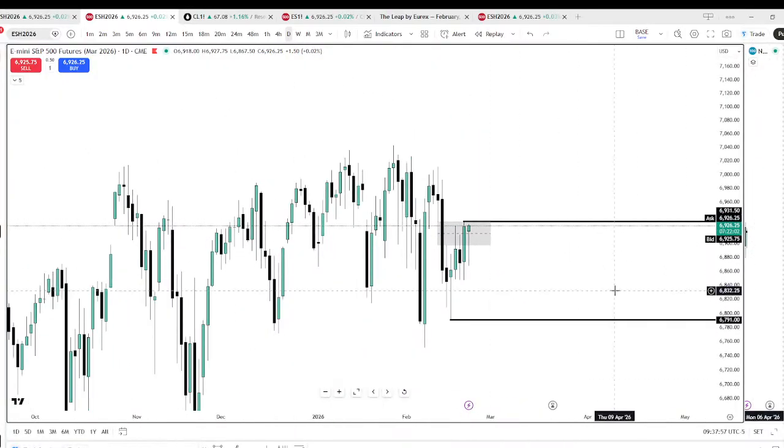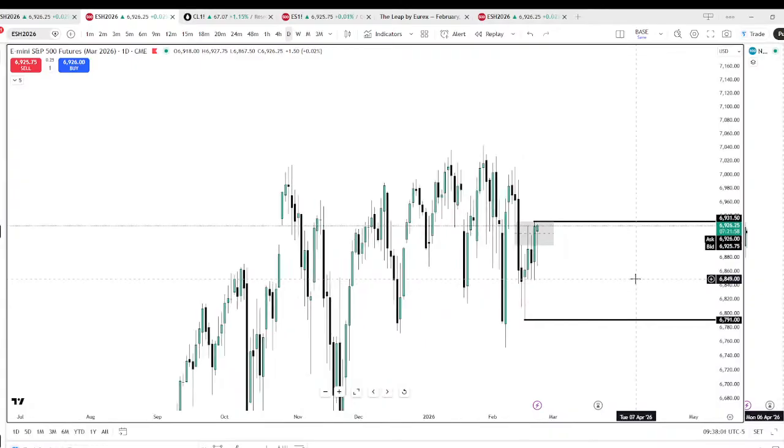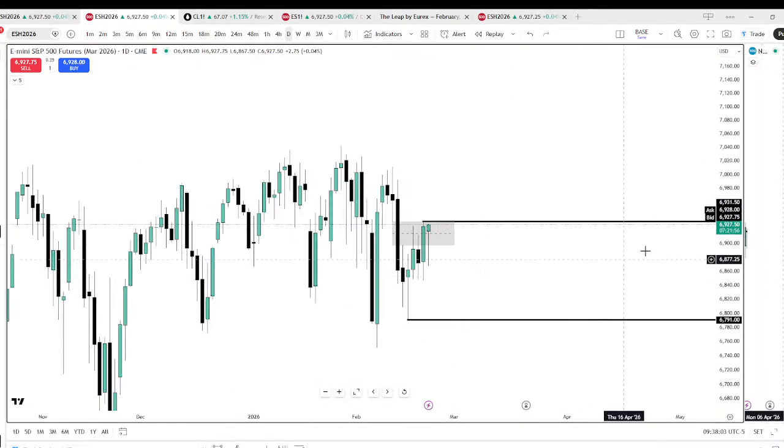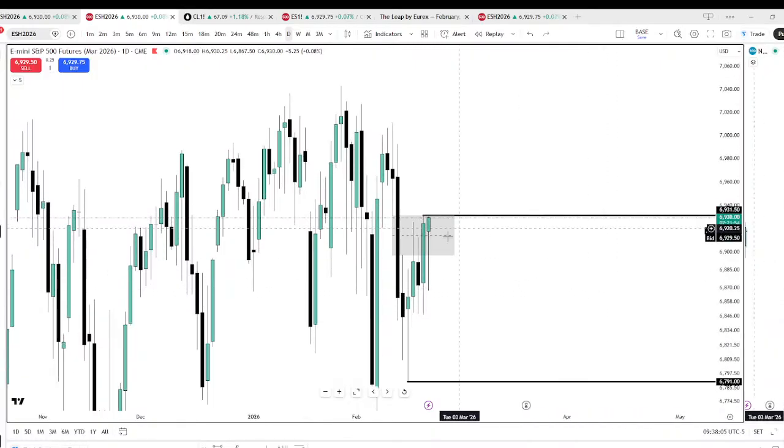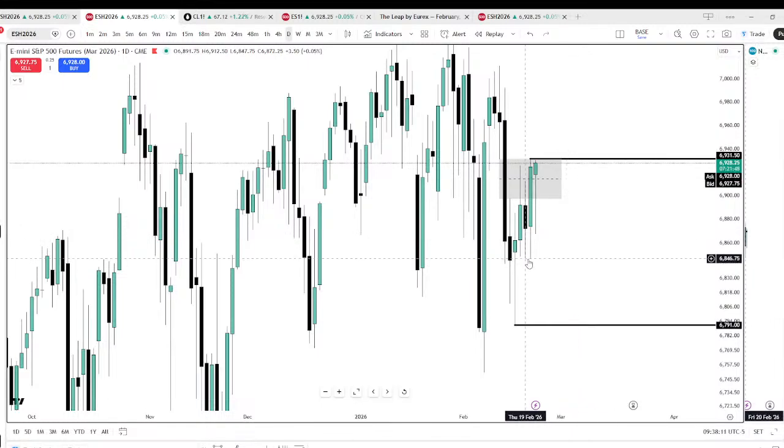And as much as we would like to see it run through this and take out the highs, the bias will have to be lower for this week, most definitely, because we see these kind of relative equal lows.